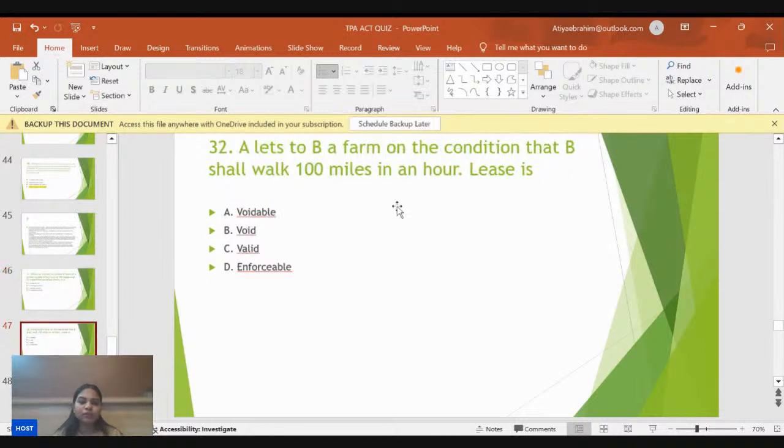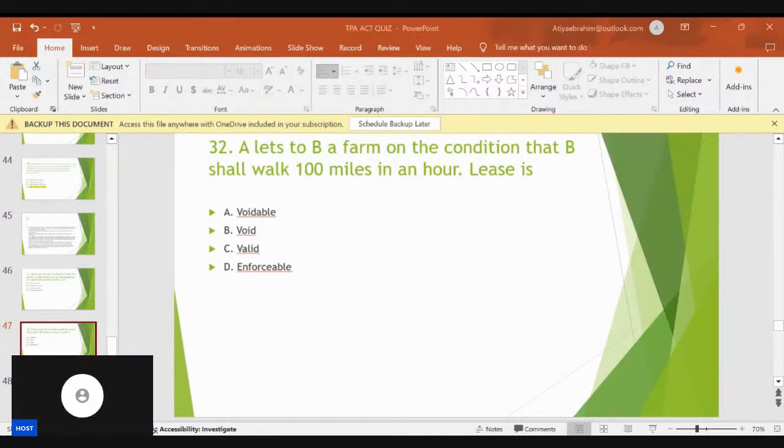Moving on to next question. A lets to B a farm on the condition that B shall walk 100 miles in an hour. The lease here is what? Students, tell me. Voidable, void, valid, enforceable. You tell me. 100 miles in an hour to walk, right?